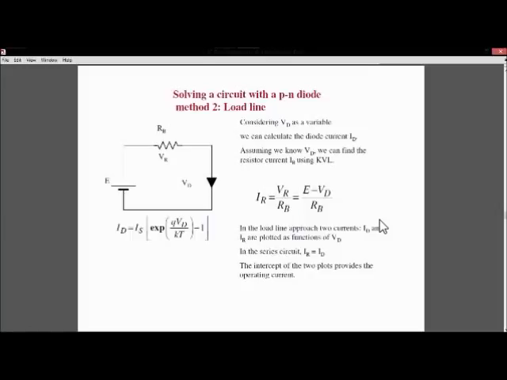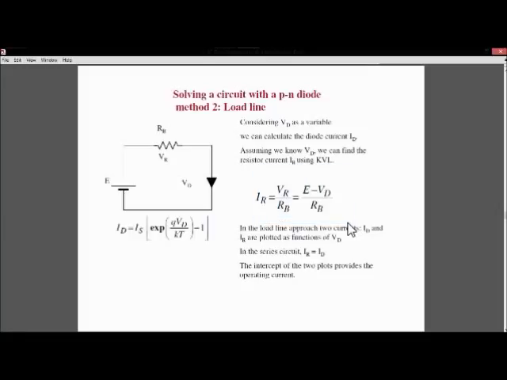Now this is the second method, that is, load line analysis. Load line analysis means the intersection between the load line and the forward characteristics of the diode. In this case we have to consider VD as a variable and we can calculate the diode current ID. So by using the diode equation, we have ID equals IS exponential of qVD by kT minus 1, and by using KVL we get the current across the resistor as VR by RB.